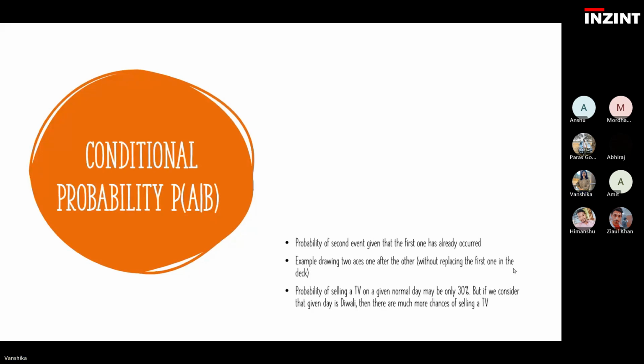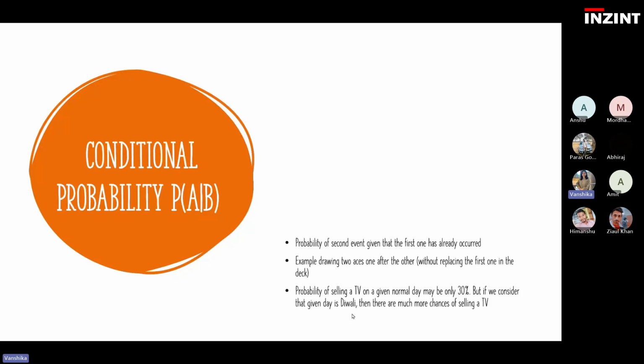Got it? So here again an example is that the probability of selling a TV on a given normal day may only be 30%. But if we consider that the given day is Diwali or maybe a festival, there are more chances of selling a TV because people tend to buy more around festivals.